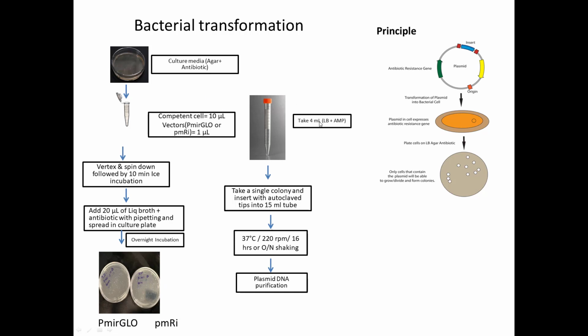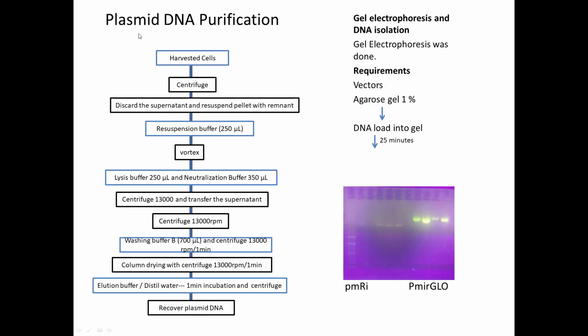The following day, I took 4 ml of liquid broth plus the ampicillin solution, and then I took a single colony and inserted it with the tip, and I did the colony formation process of this competent cell. In the following day, I did the plasmid DNA purification process.